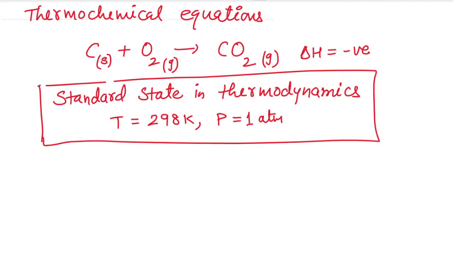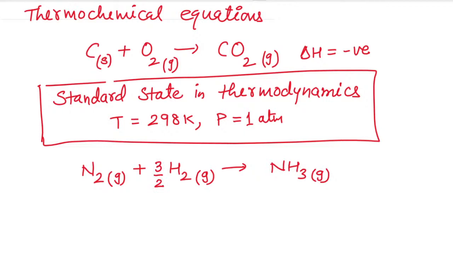Second thing, the coefficients of the different reactants and products involved in the equation are in terms of moles. Even fractions may be used, like if we have N2 gas and H2 gas to give NH3 gas, you can write it with 3/2 and half.